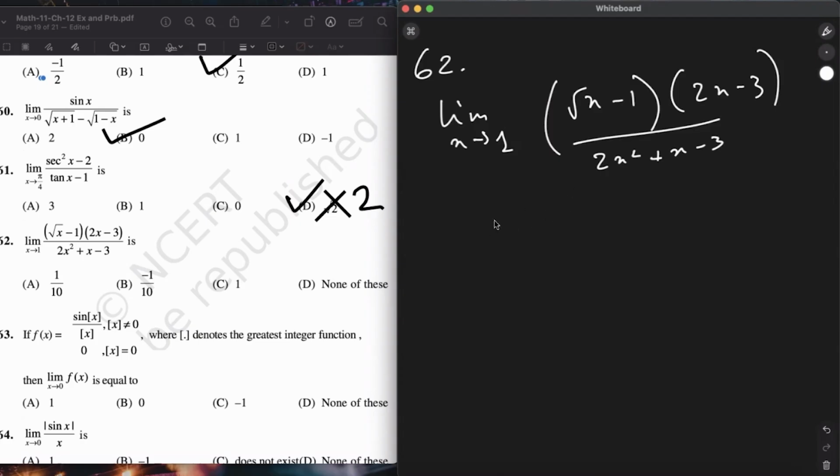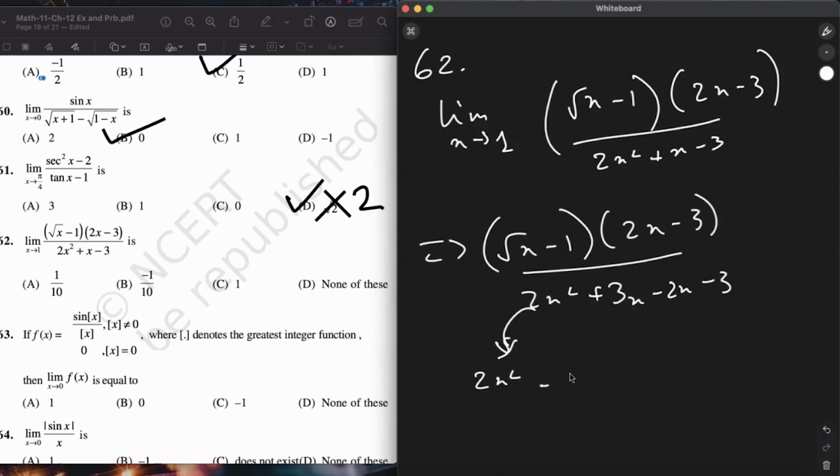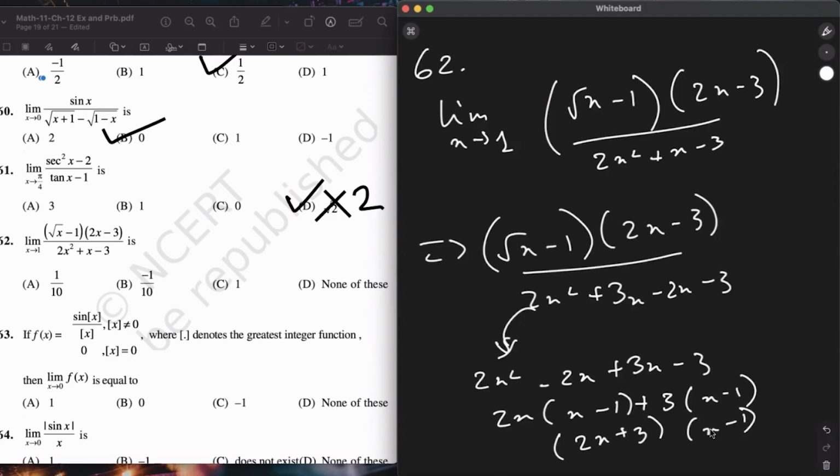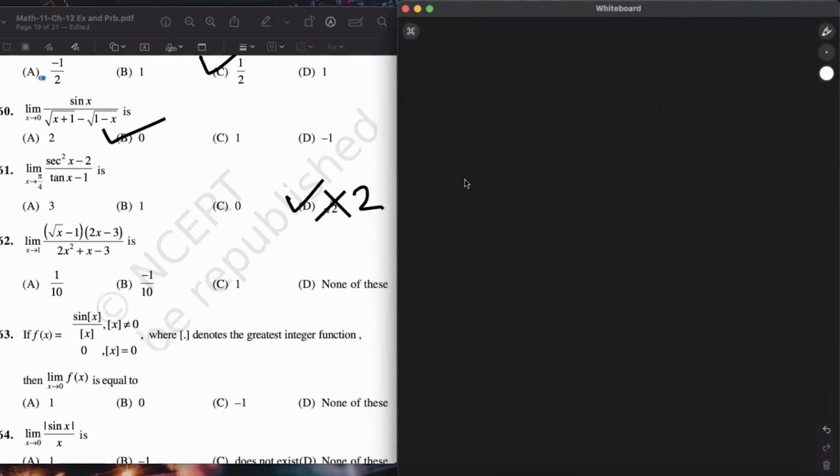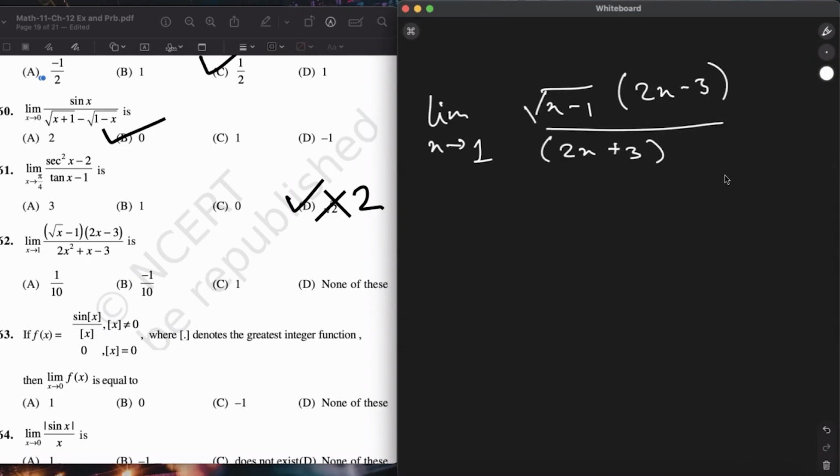So I can write this part as, yeah, now this 2x plus 3 in numerator and denominator will get cancelled out. So I'll be left with limit x tending to 1 of under root of (x minus 1)(2x minus 3). No, I'll be having a 2x plus 3 in the denominator, right?